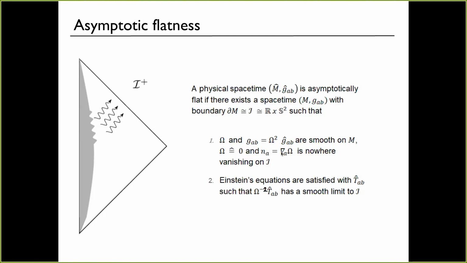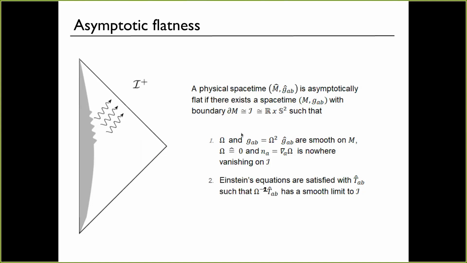And the gradient of omega, which of course is the normal vector to this surface, can be nowhere vanishing on scri. Now that last condition sounds maybe a bit weird, but that essentially ensures that omega is a good coordinate. Just like r was a good coordinate, except of course on the boundary. But the nice thing about omega is that it is a good coordinate on the boundary as well.